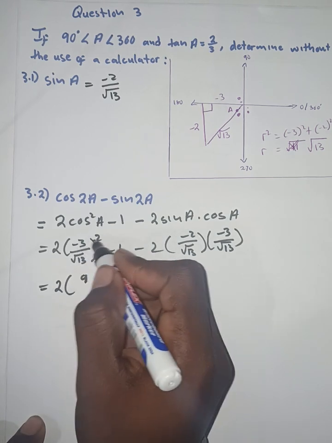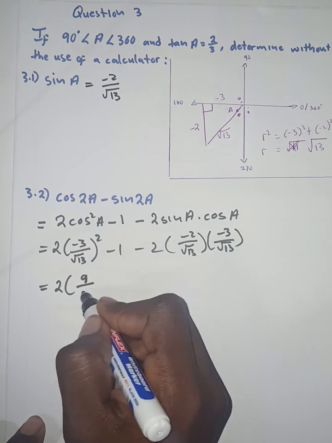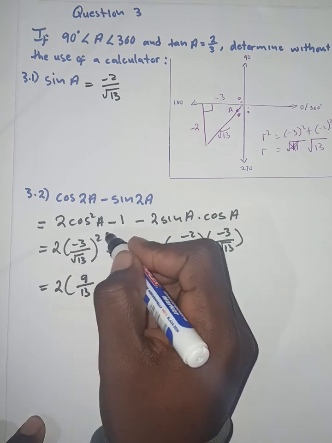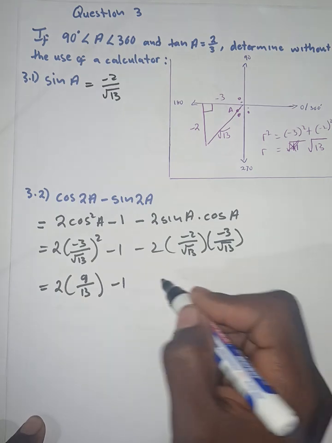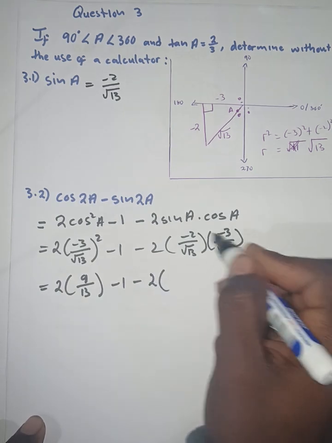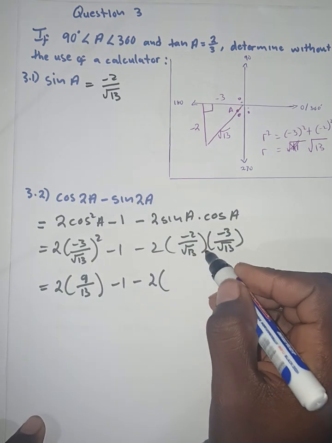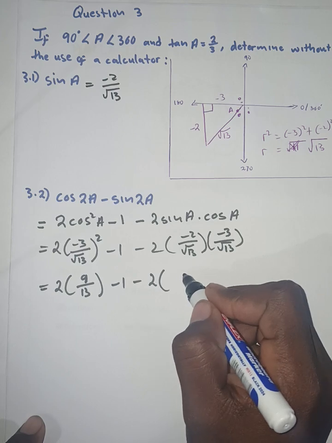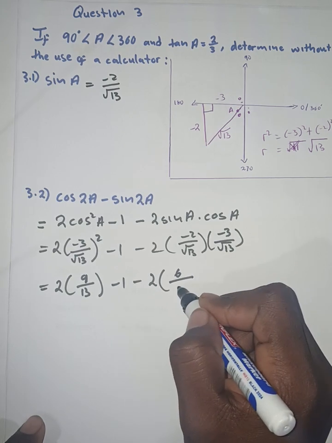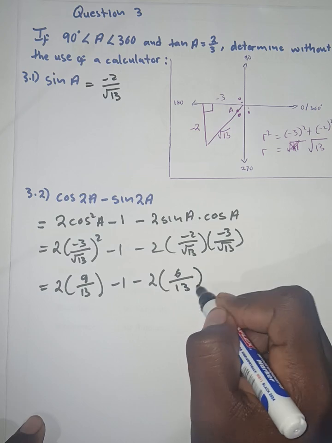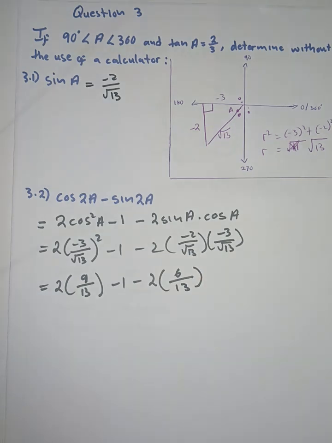When you square that, you'd get 9, and for the denominator you'd get just 13, because the square and the square root cancel each other. So we have -1 minus 2 there, and those two you would get to be 6, which is positive. On the denominator, you'd have just 18, because when you multiply those, the square root would cancel.